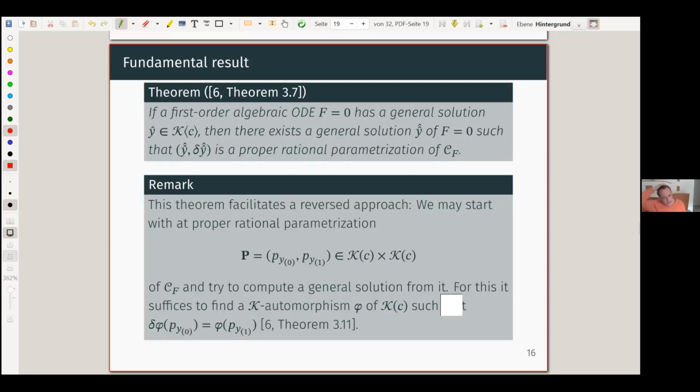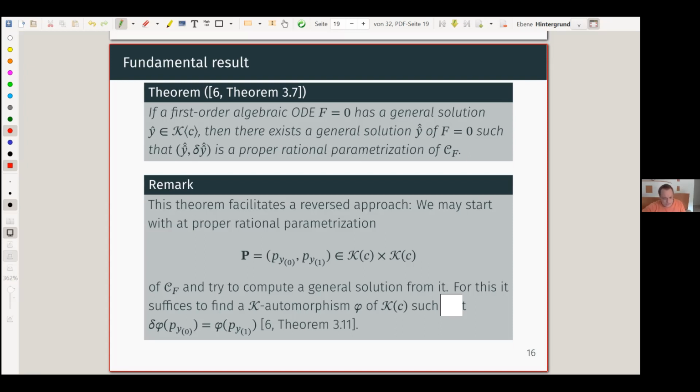Now, one might ask then, okay, so if I have such a solution, which will give me a rational parameterization, can I actually find one that will give me a proper rational parameterization? And the answer is yes, indeed. This can be done and this can be shown. And this now gives us a very powerful tool to attack this problem. Because if such a solution exists, then there exists one which gives me a proper rational parameterization.